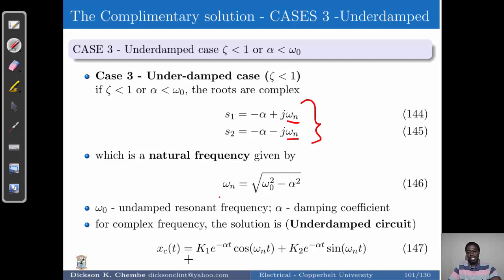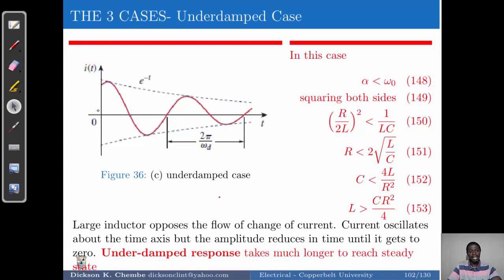In the underdamped case, the solution that we obtain is a complex frequency solution, which is multiplied by cos omega n t, and here we have sine omega n t. This implies that we are going to have oscillations in the damping, and these are the oscillations that we obtain in the damping of this circuit.